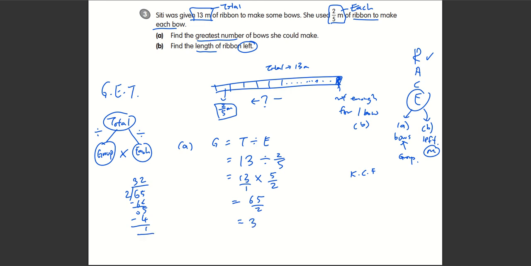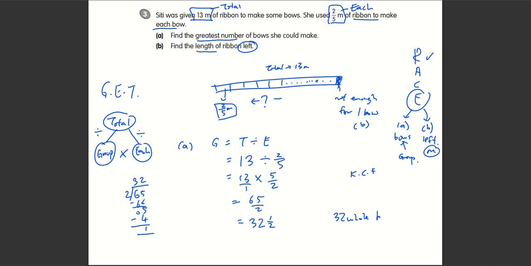There will be 32.5. So what does this mean? It means you have 32 whole ribbon, whole bowls, sorry.